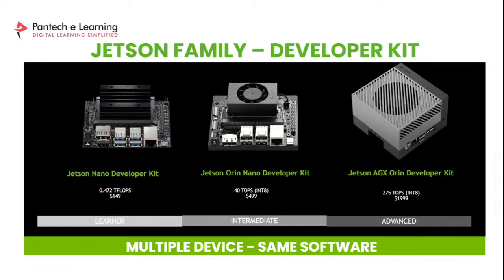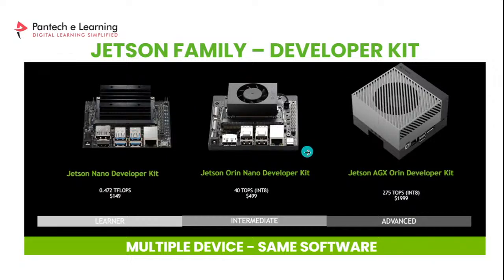What is the difference between all these kits? I have already told you that the only change is hardware configuration, and the software you are going to use will be the same. So whatever you are practicing in the learner module, you can implement the same thing here as well.